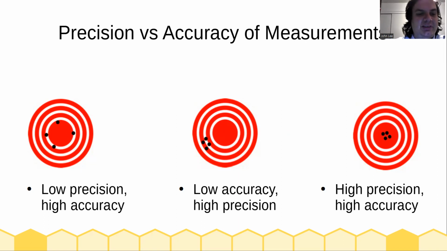So when you look at these bullseyes, you have a low precision, high accuracy bullseye on the left, which is centered around the center of the bullseye where you're trying to hit, but none of the hits are very close to the center. In the middle, you have a low accuracy, high precision, which is very close together. You were very good at hitting this one spot, but it wasn't very close to the actual value that you were looking for. And then what you actually want is high precision, high accuracy.